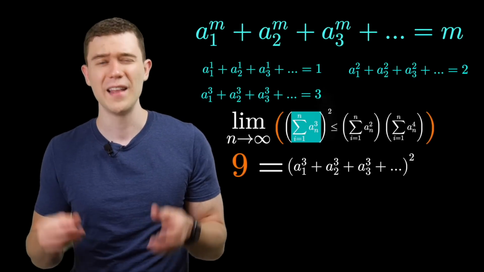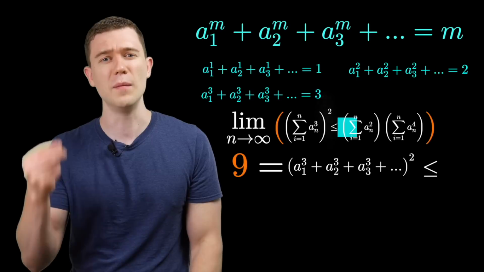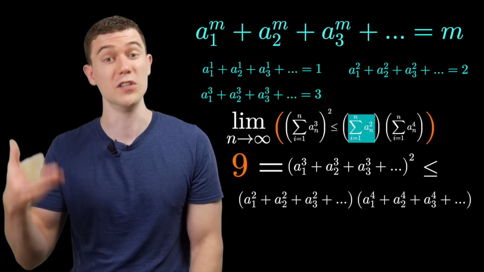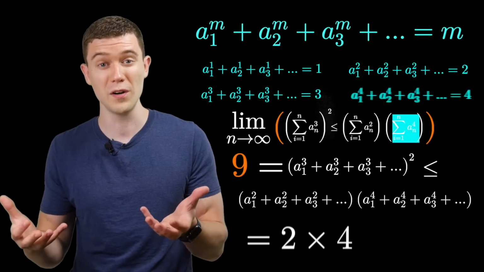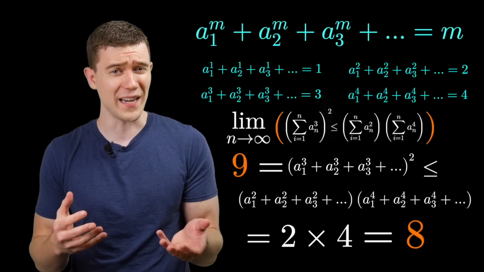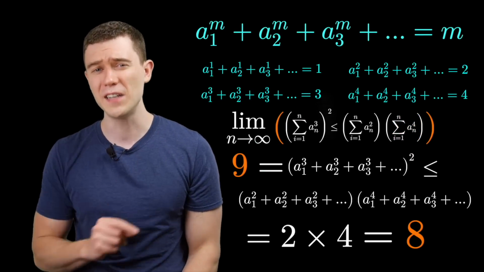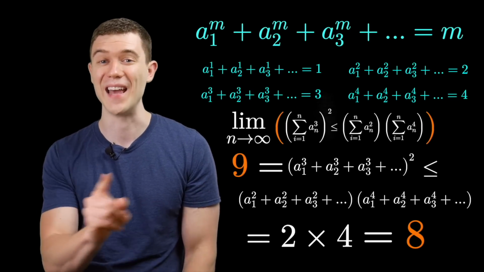Squared is 9. That has to be less than or equal to, according to our inequality, the sum of a sub n squared, which is 2, times the sum of a sub n to the fourth, which is 4, and 2 times 4 is 8. And so 9 is less than or equal to 8? I don't think so. That's a contradiction, meaning the original proposed infinite sequence cannot exist.